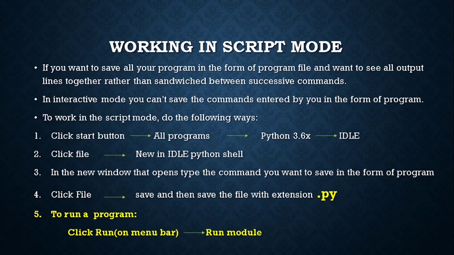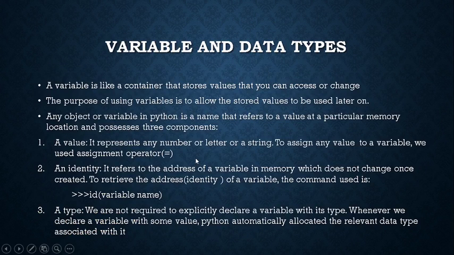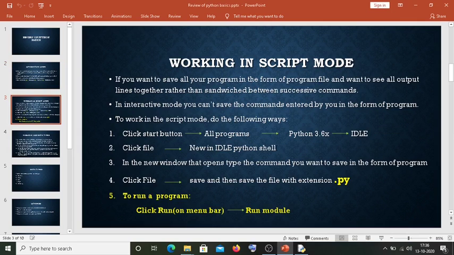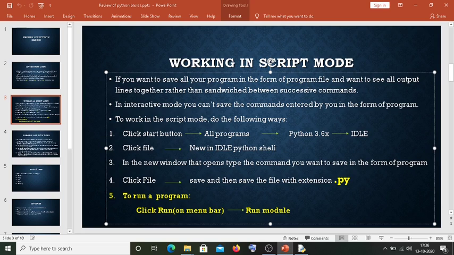Once you open this, go to File and click on New File. Now in the new window that opens, type the commands you want to save in the form of a program.